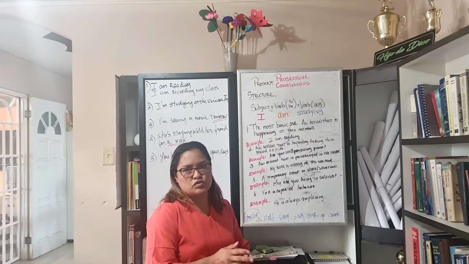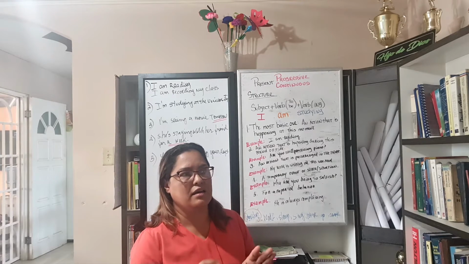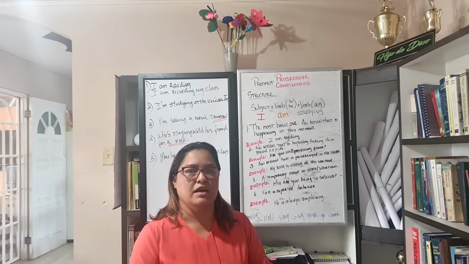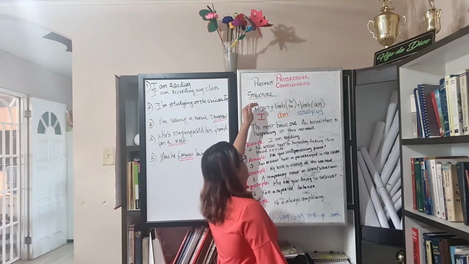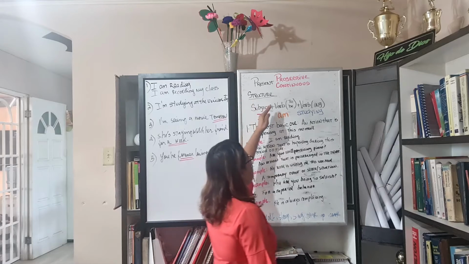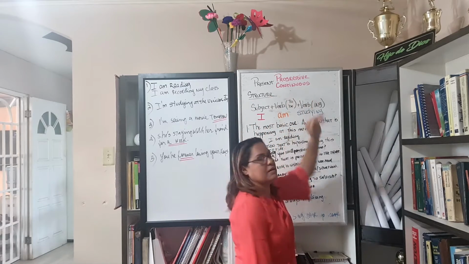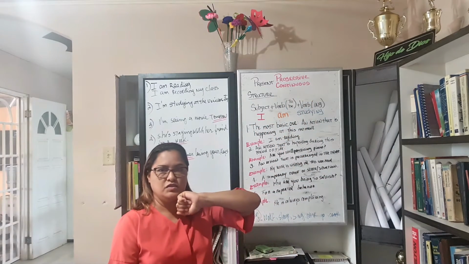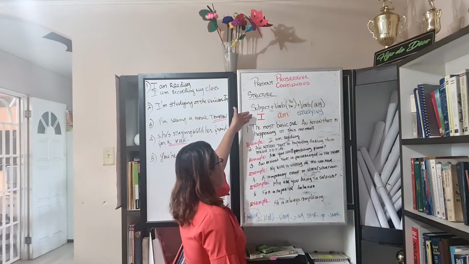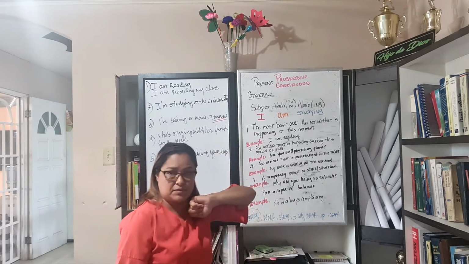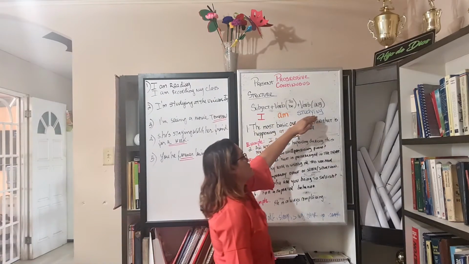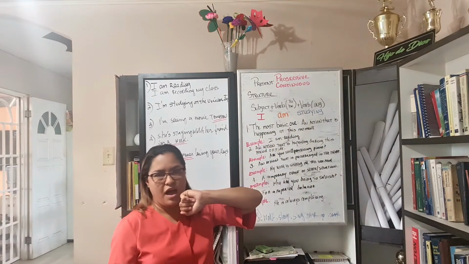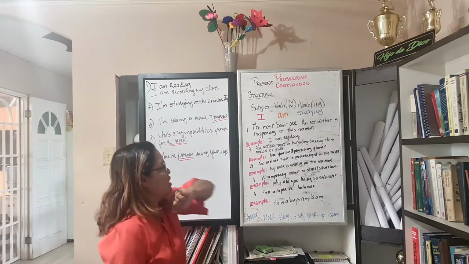So just to begin, as a reminder, this is the structure. The structure is subject plus verb be plus verb ing. You have a subject, I is a subject, am is the verb be, and studying is a verb ing.